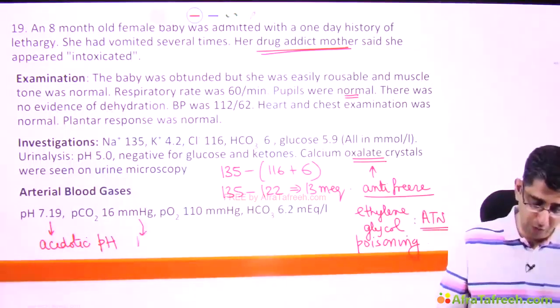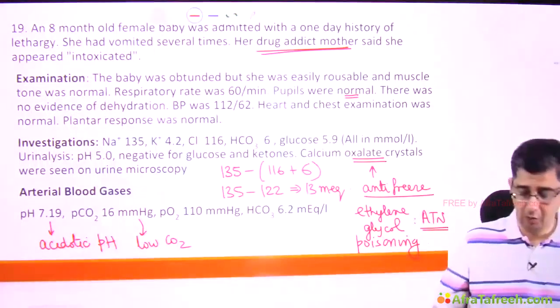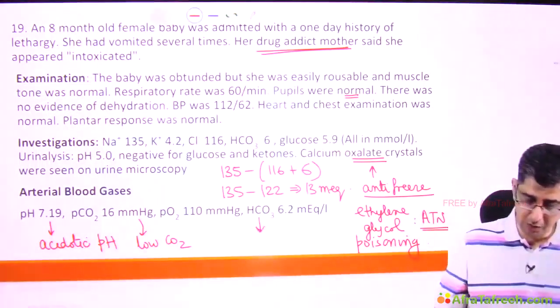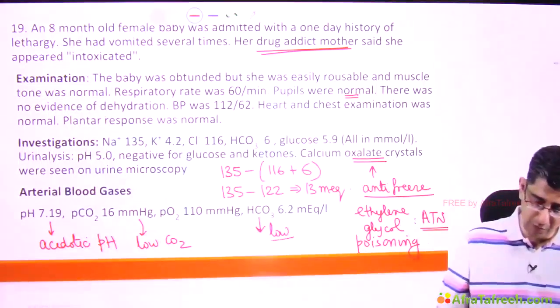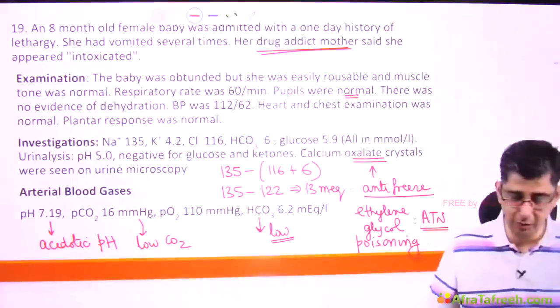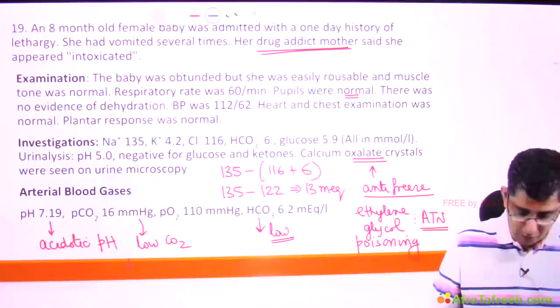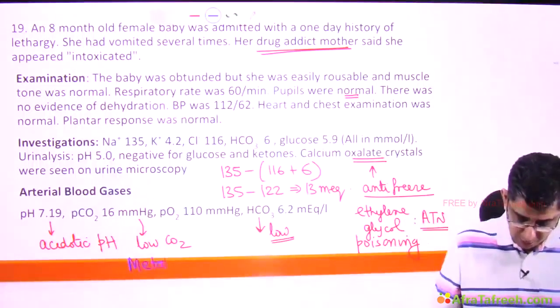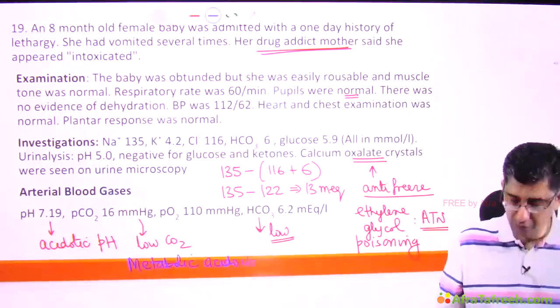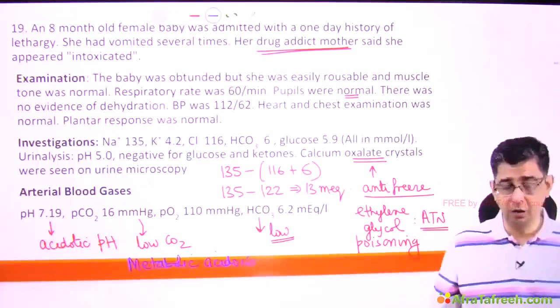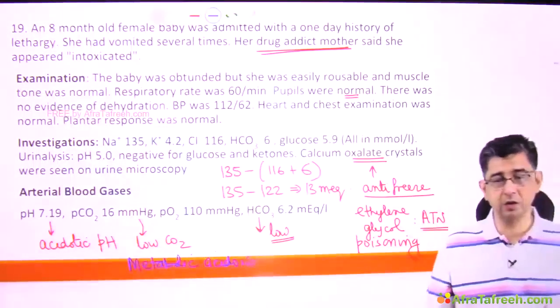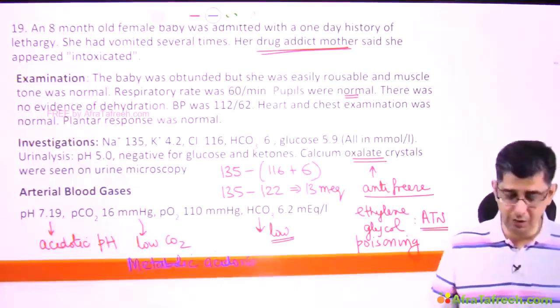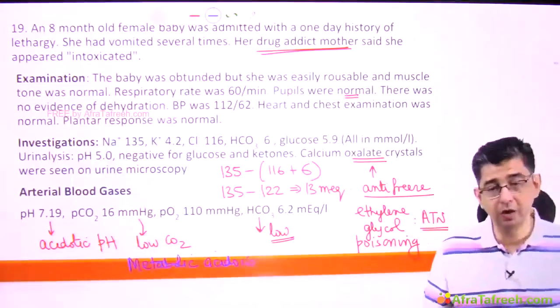Bicarbonate is low, that means the hyperventilation process has been kick-started, and bicarbonate in the patient is also significantly low, so there is a metabolic acidosis present. This particular patient is having metabolic acidosis due to ingestion of an antifreeze agent. Remember the mnemonic CULT: ketoacidosis, uremia, lactic acidosis and toxins. So this is the toxin component.